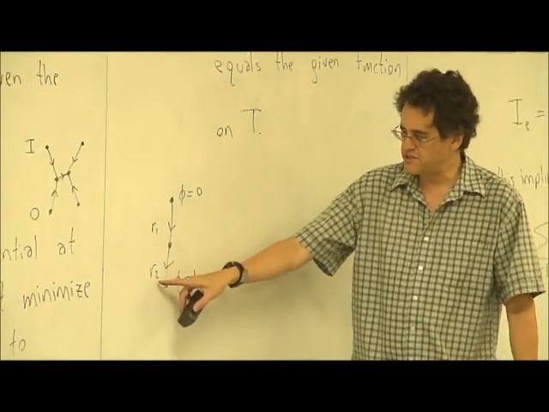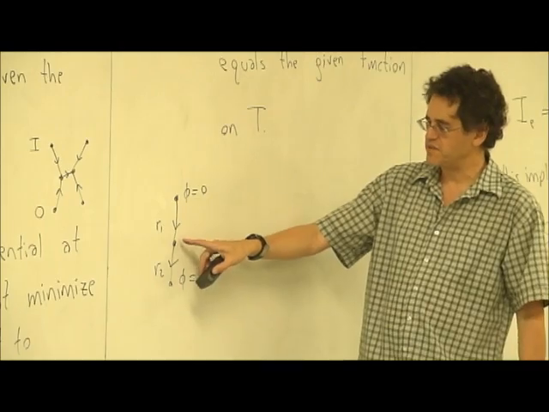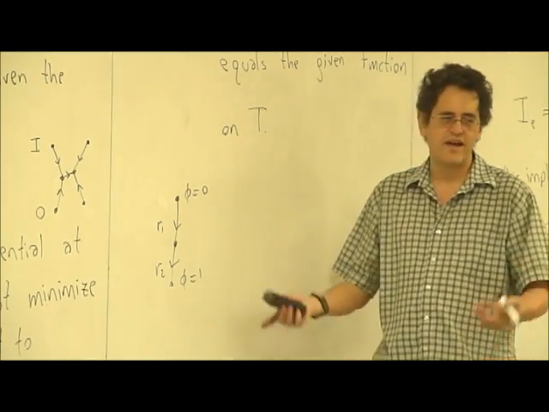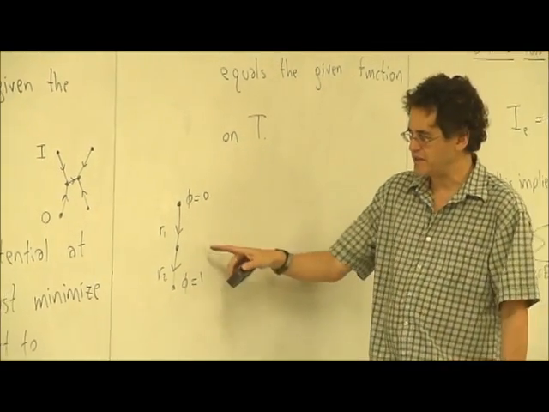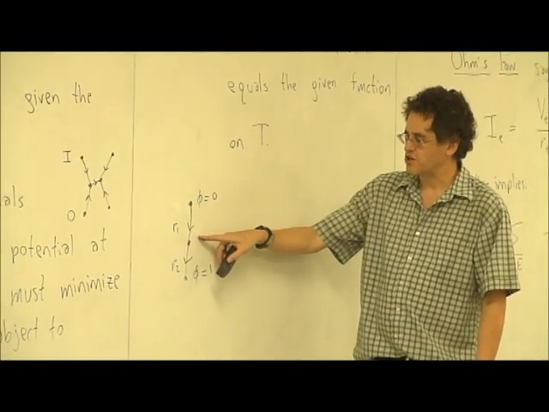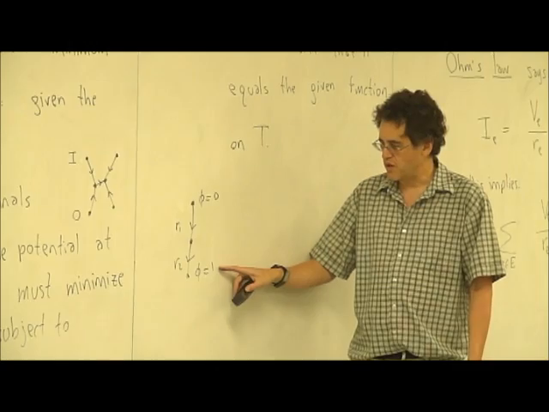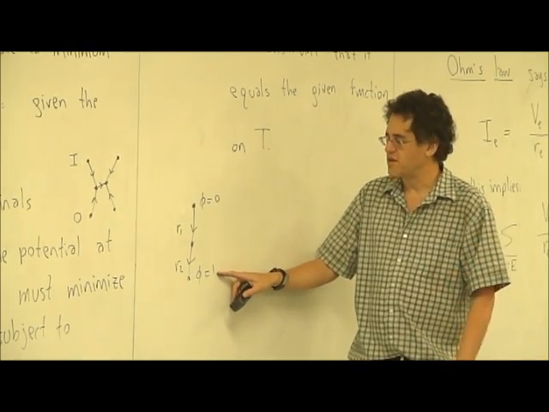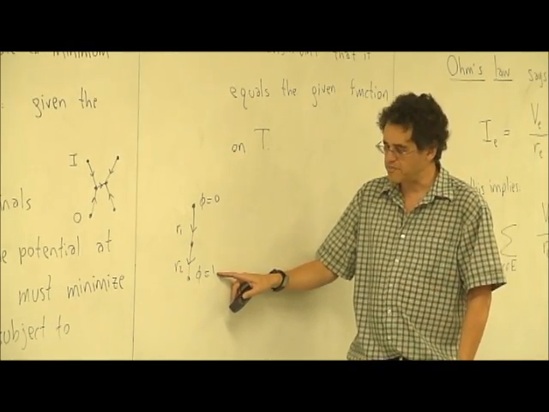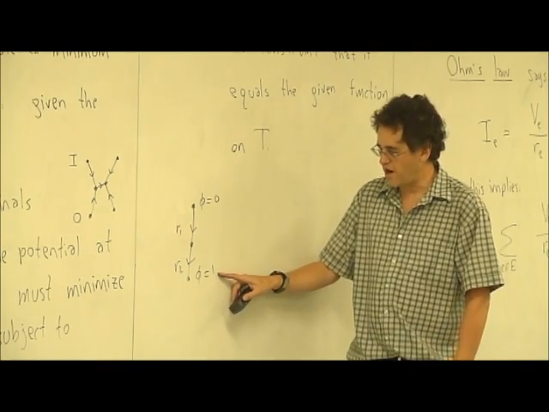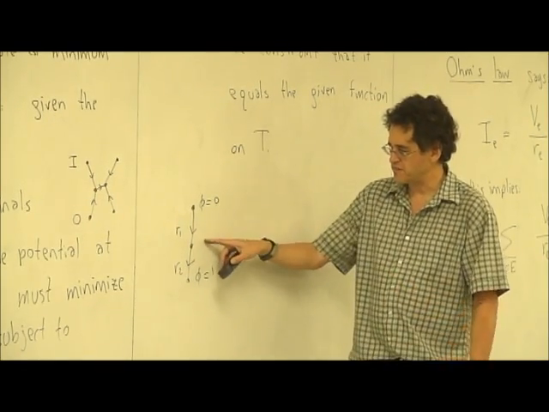If those two resistances are equal, what will the potential be here? 1/2 by symmetry, right? I mean, what else could it be? It's equally concerned with being close to 0 as it is with being close to 1. So we'll just sort of split the difference and be 1/2.